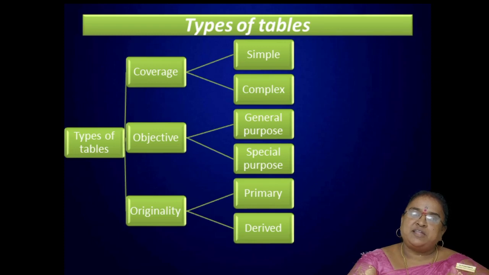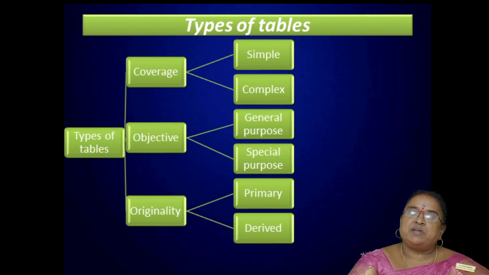On the basis of 3 bases, tables are classified. On the basis of coverage, the table is classified into simple and complex. On the basis of objective, into general purpose table and special purpose table. On the basis of originality, into primary and derived.